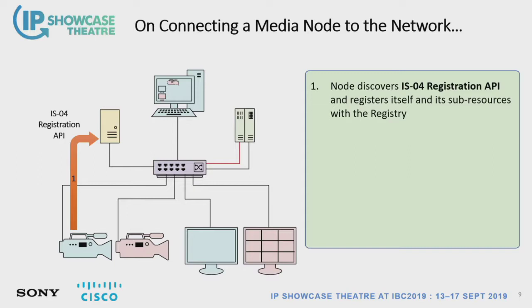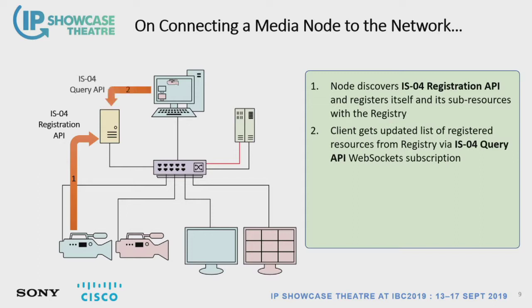So that's the node, the device, the sender, the receiver that are all associated with that single media node using the ISO4 registration API. Now that there's some new information on that registry, assuming the broadcast controller, or NMOS client, is connected to that registry over WebSocket, so it's subscribed to updates from the registry, the broadcast controller will immediately get an update from the registry over the ISO4 query API saying that there's a new endpoint on that registry there. Something new's been connected to the network.